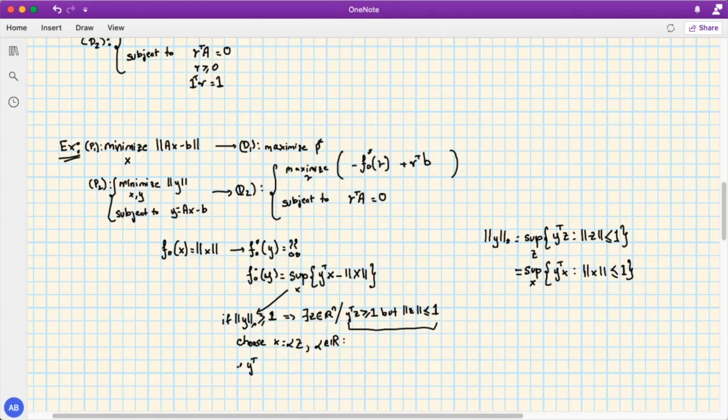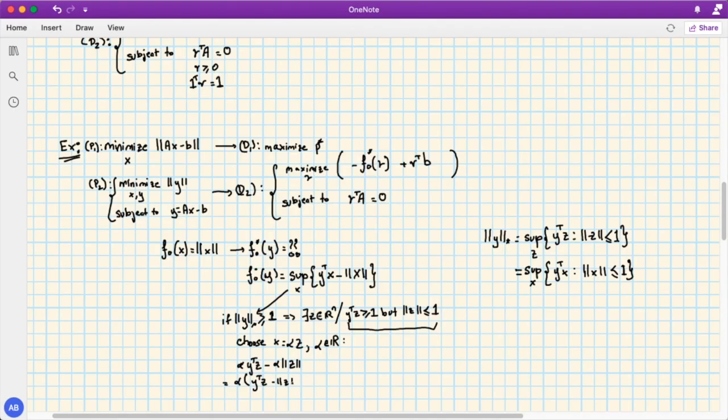My alpha is a constant, a scalar, so it can be extracted to the outer left. So y transpose z minus, and here since this is a norm, then alpha x becomes the absolute value of alpha times the norm of x. So if I choose my alpha to be positive, it will be alpha times the norm of z, right? Which is alpha times y transpose z minus the norm of z.